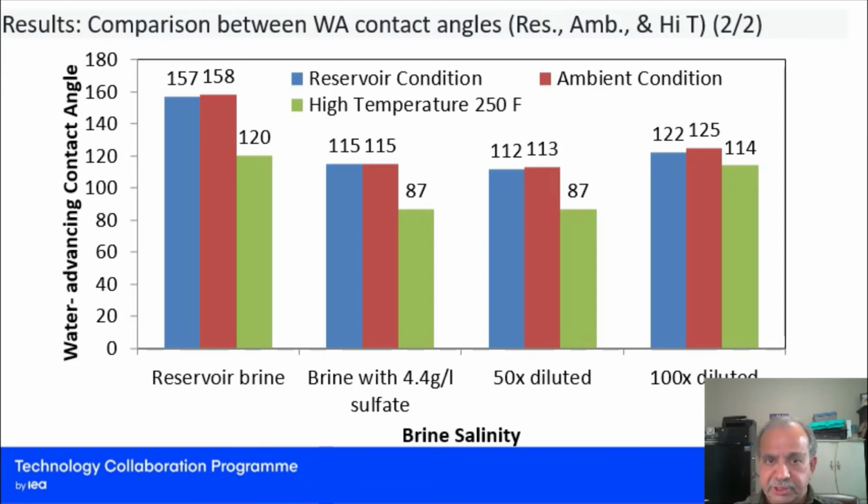At high temperature conditions, however, the contact angles in every case are less than at ambient temperatures. And that is well known in carbonate systems. We have other publications that show more results of this type for better clarity.